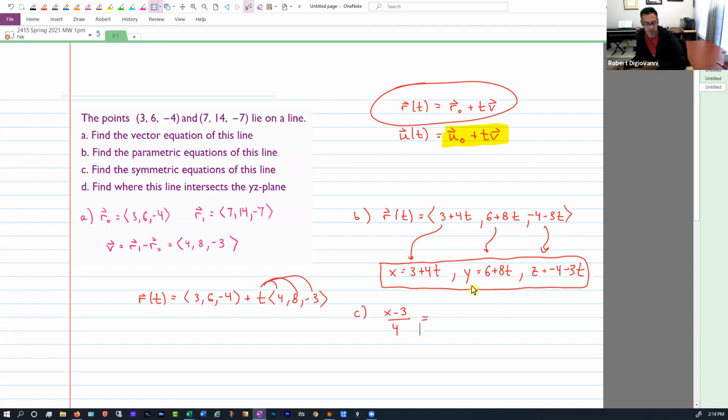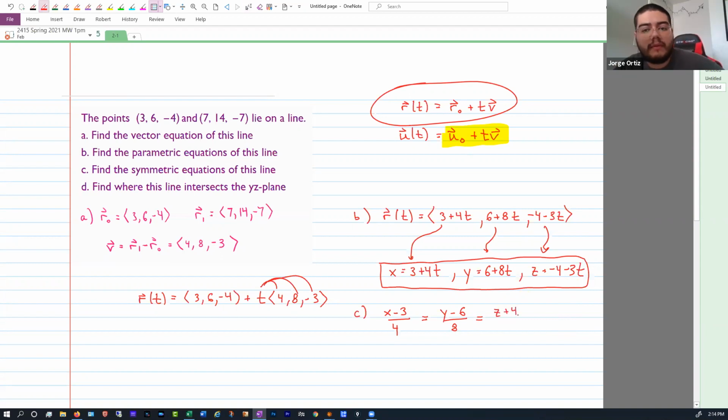Keep going, Jorge. What is that for t? Y minus 6 over 8. And then that is also equal to this one solved for t, which is z plus 4 over negative 3. Good. And again, if you look at the symmetric equations, you can see 4, 8, negative 3. You can see that direction vector again, can't you? It's the denominators.